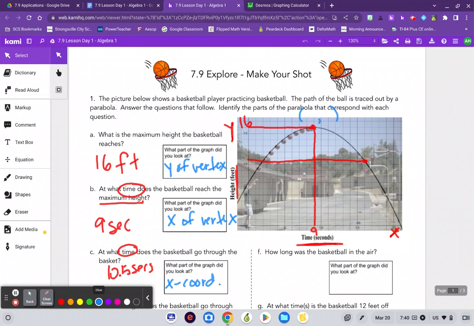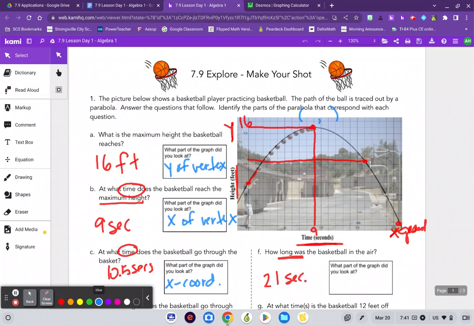I'm going to go across here to F since I can see that problem. It says, how long was the basketball in the air? It looks like the height of the guy is here. He's shooting his shot, going through the basket, and then it's going to land over here on the ground. It lands on the ground at about 21 seconds, so the ball was in the air for about 21 seconds.